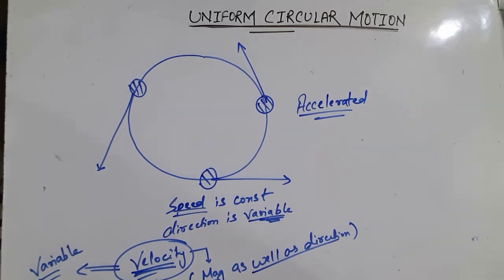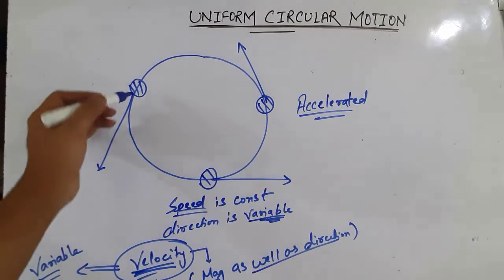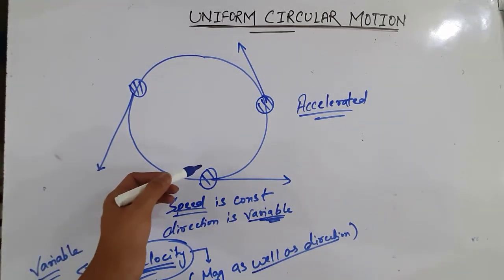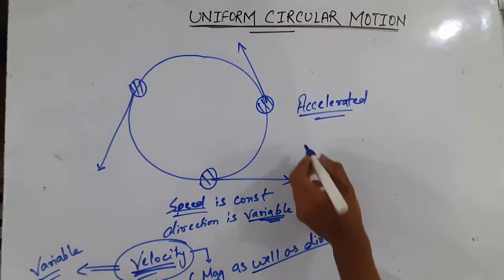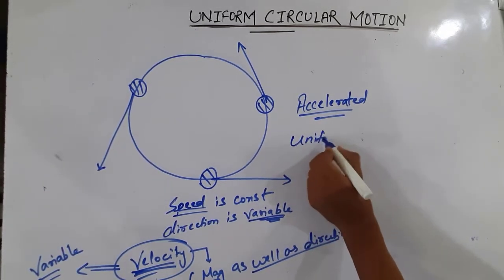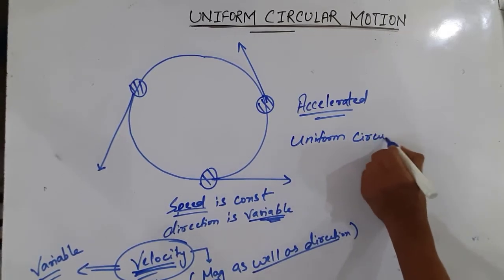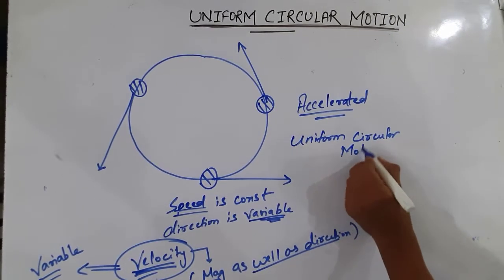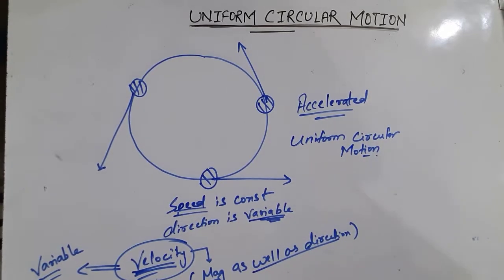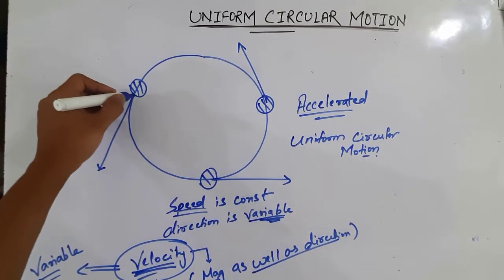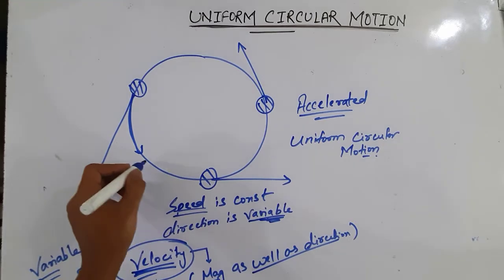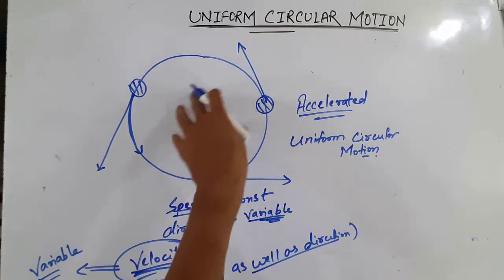So when a particle moves with a constant speed in a circular path, its motion is said to be uniform circular motion. In such a motion, the particle travels equal distance in equal intervals of time.